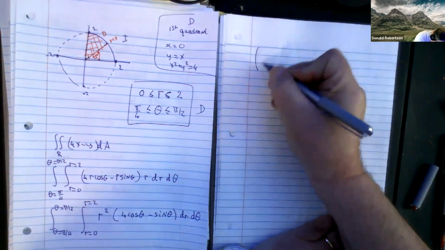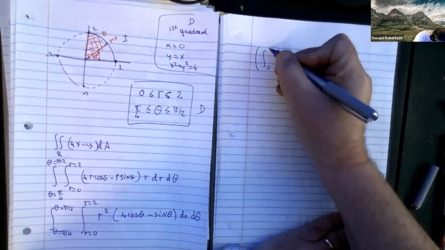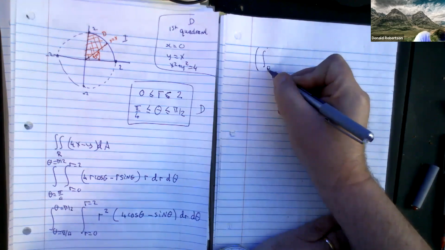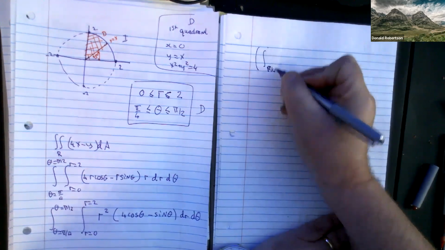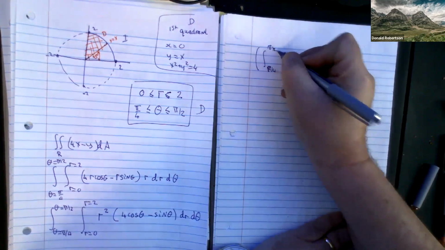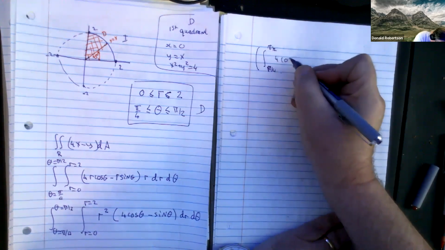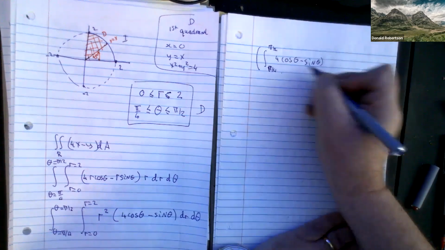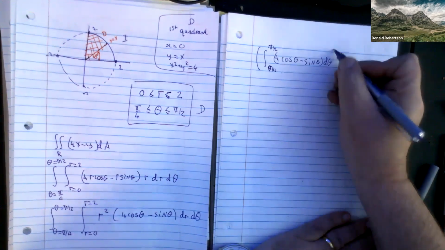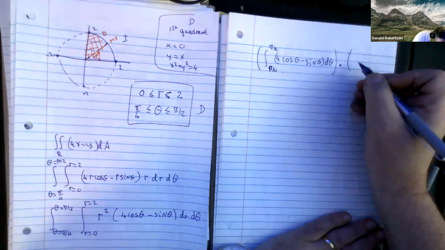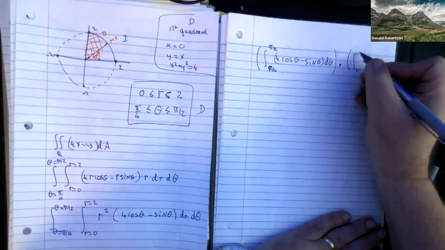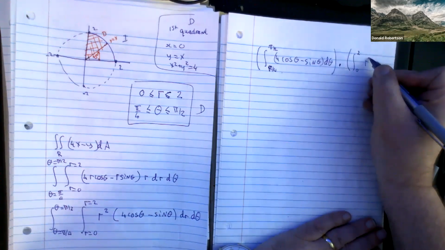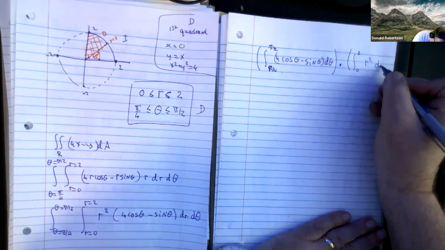So that means I can separate it as pi upon 4 to pi upon 2 of 4 cosine theta, take away sine theta, times 0 to 2 of an r squared dr.